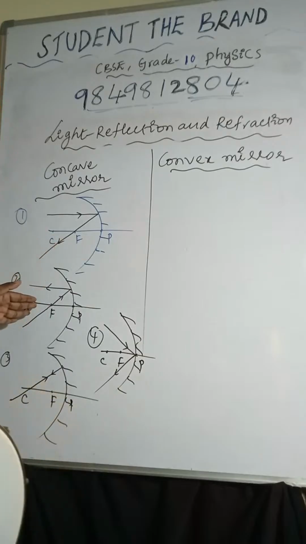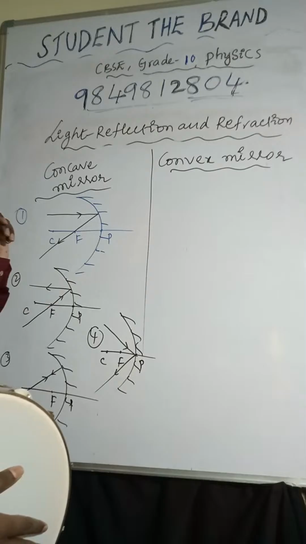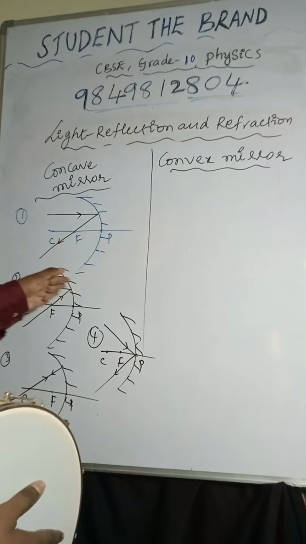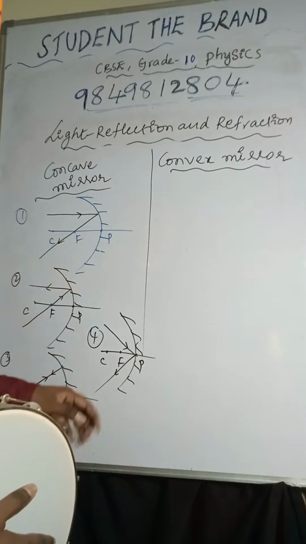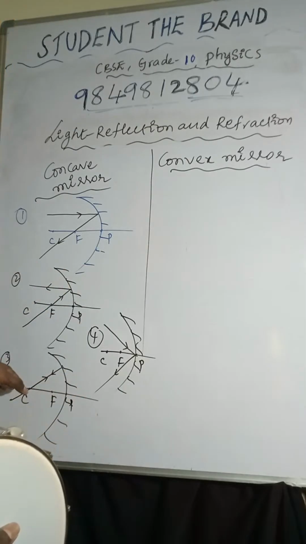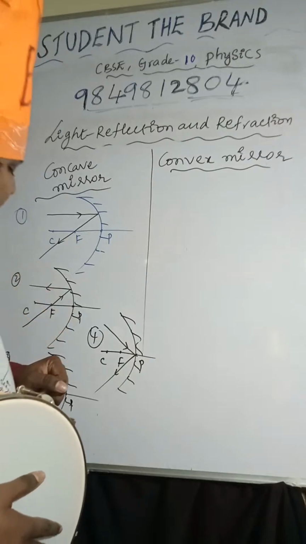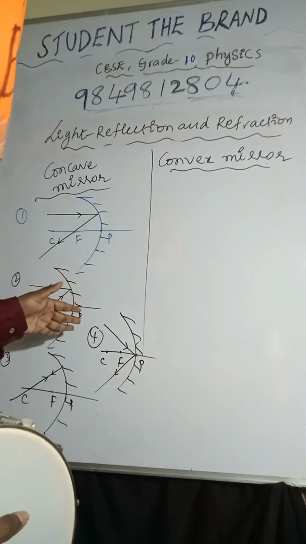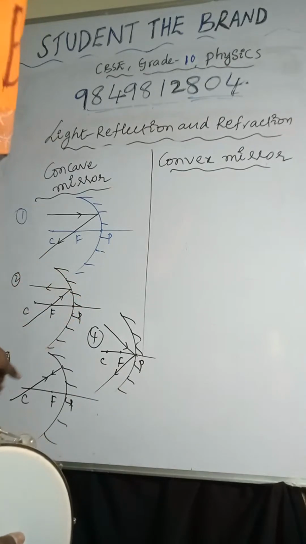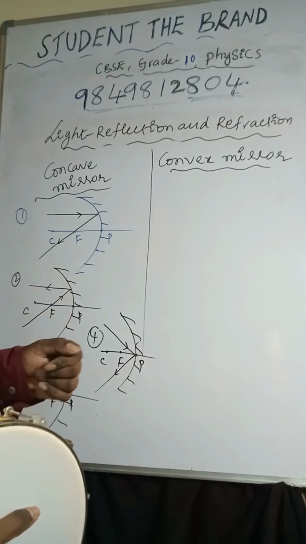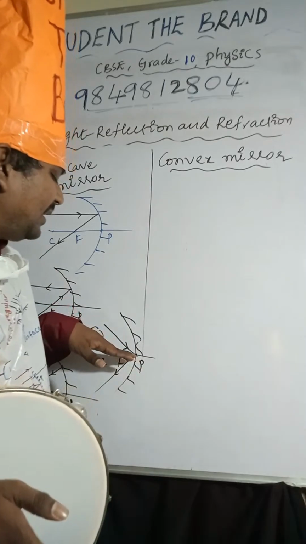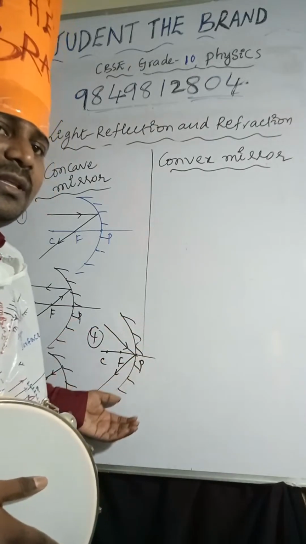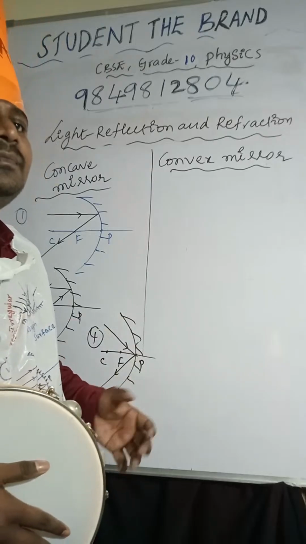Light rays passing through focus, after reflection, move to infinity. Light ray passing through center of curvature, after reflection, retraces its original path. Light rays incident at the pole reflect back into the same medium.